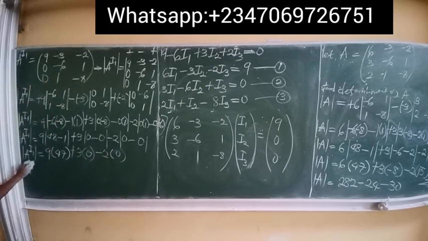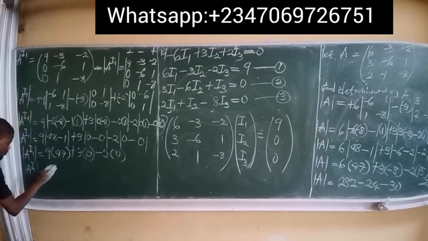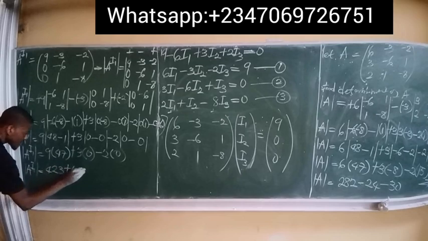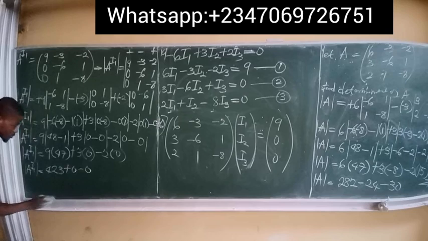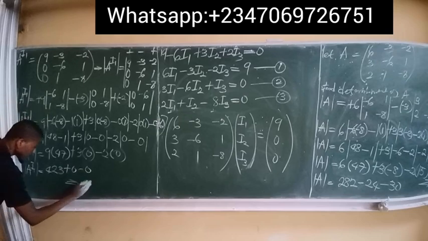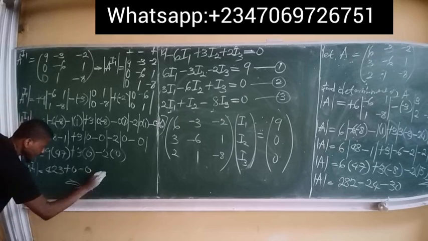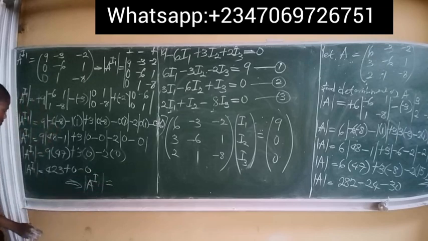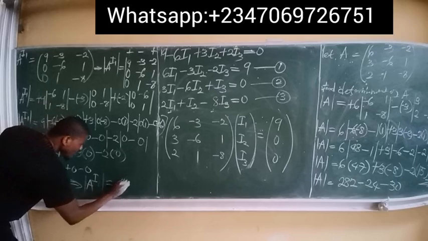So 9 times 47 gives us 423. So the determinant of that first matrix A_I1 is now equal to 423.